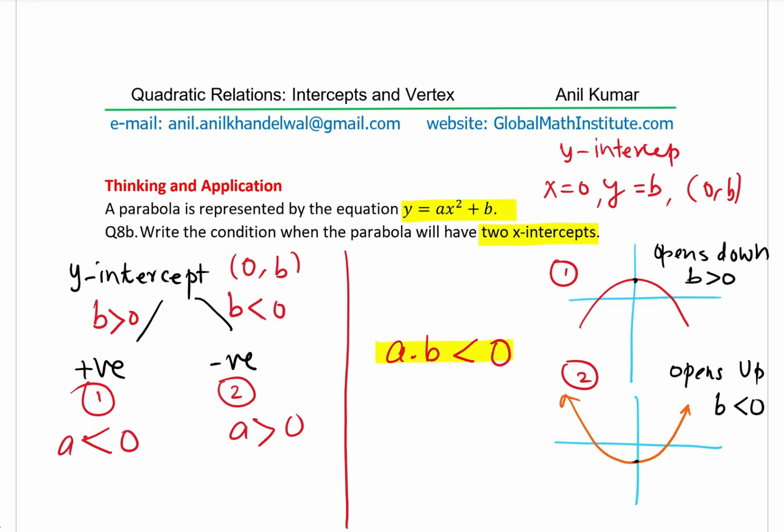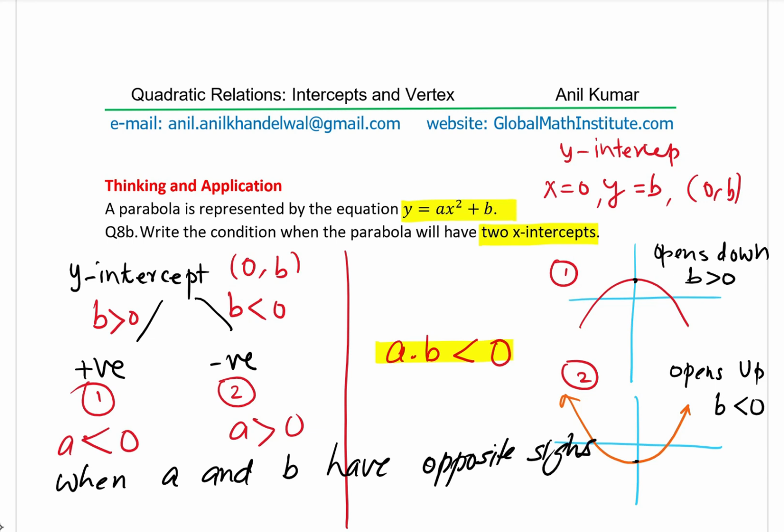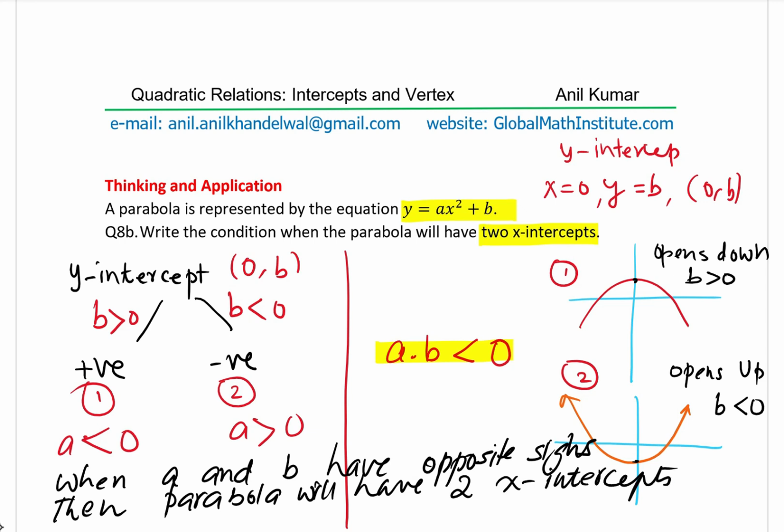And that really means that I could write down now the answer that when a and b have opposite signs, then parabola will have two x-intercepts. Is that clear to you? Perfect. So that becomes the condition for us.